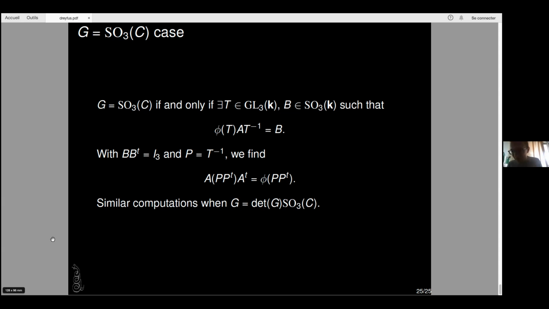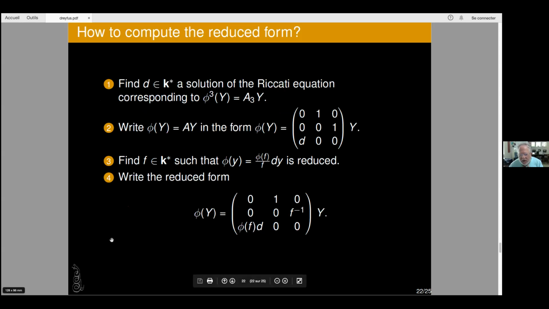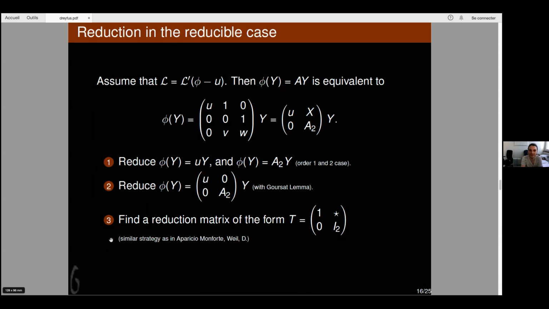I see Michael. Yes, I have a question, and it was on slide number 16. You can go back to that. Yeah. So I'm a little confused. Are you claiming that in the reducible case, you can always reduce to a block diagonal matrix?